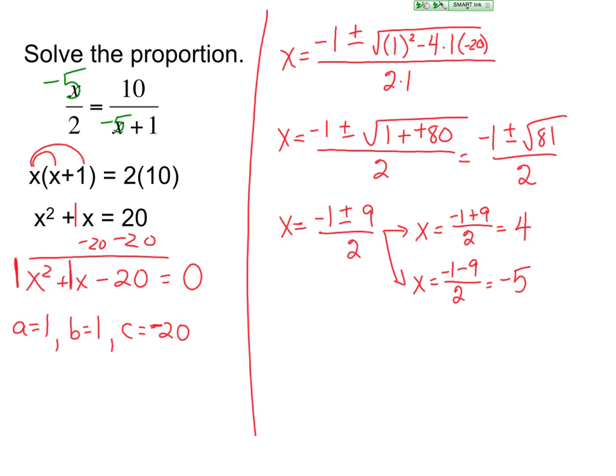This doesn't reduce, negative 5 over 2. 10 over negative 4, that does reduce. Negative 5 over 2, just like this side is negative 5 over 2. So both numbers do work. So occasionally, you'll need that quadratic formula.